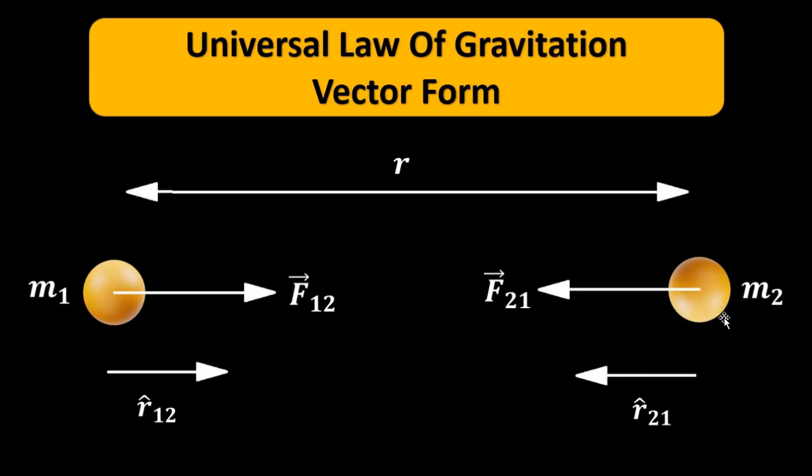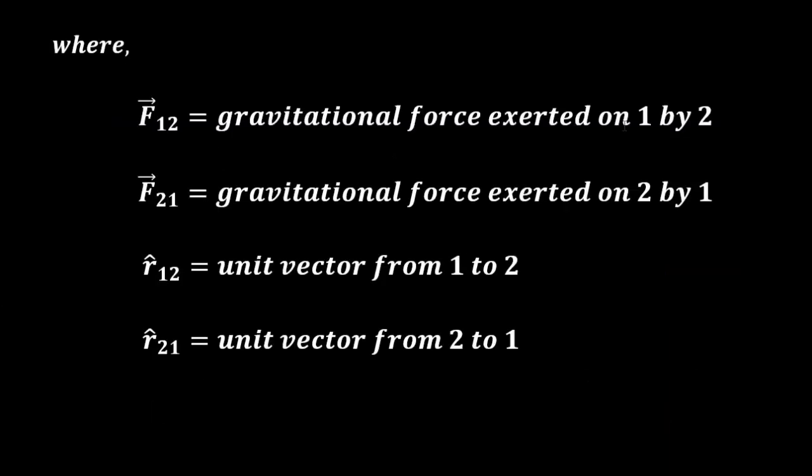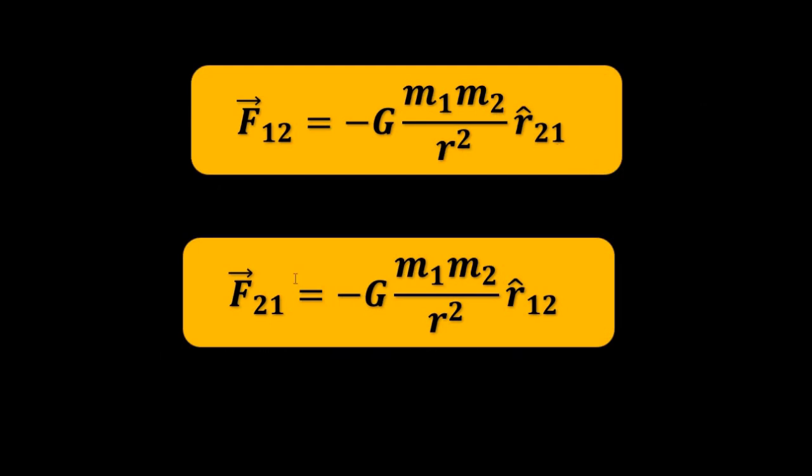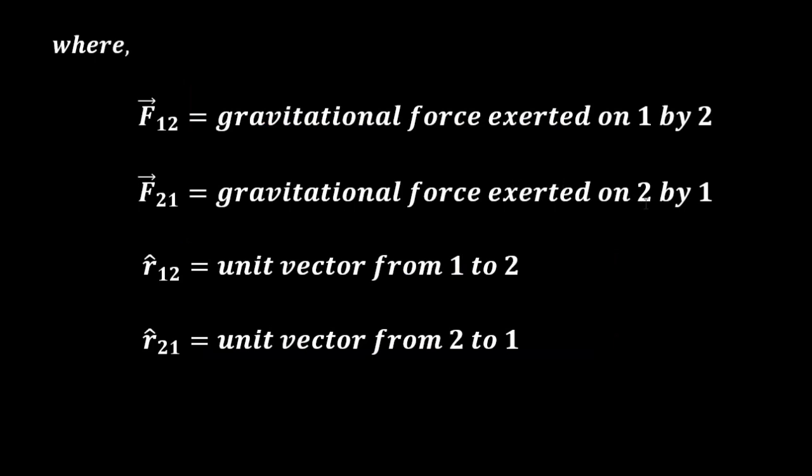Gravitational force is exerted by m2 on m1, so the source vector starts from m2 to m1. The body which is exerting the gravitational force becomes the originating point of the displacement vector. That's why R21 vector.